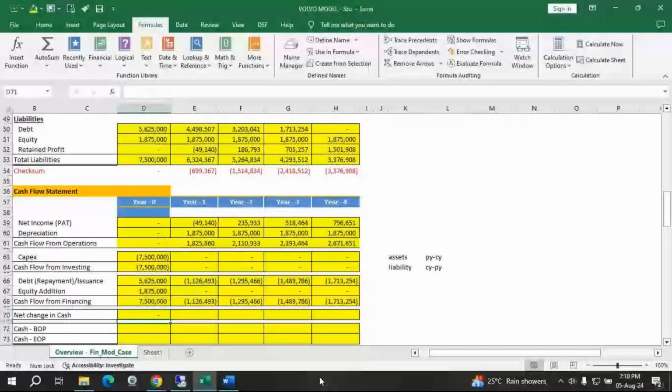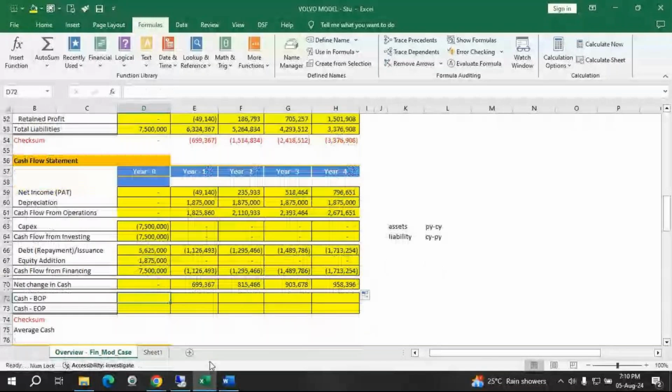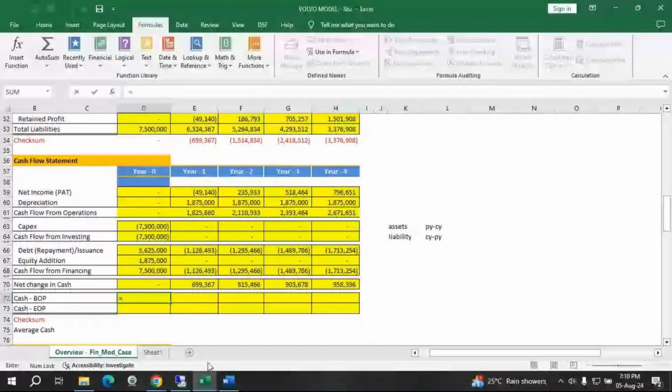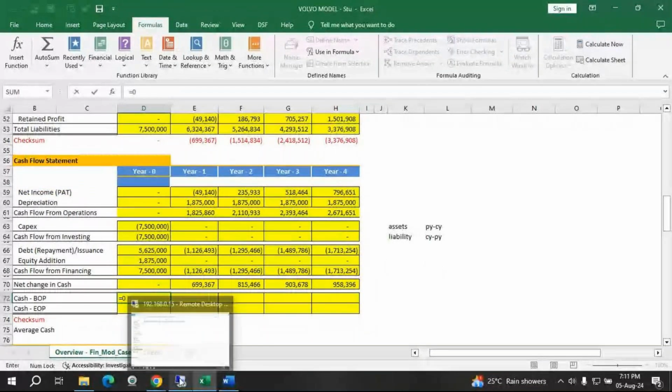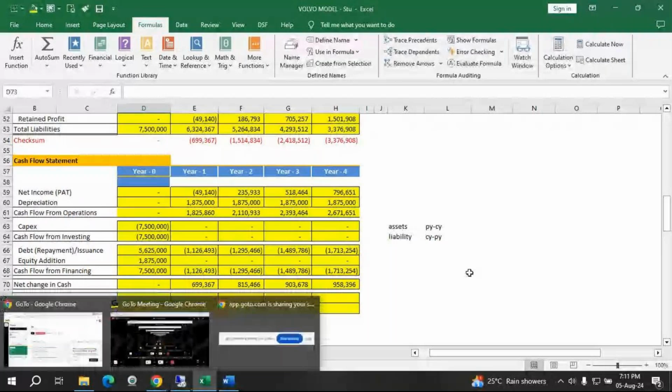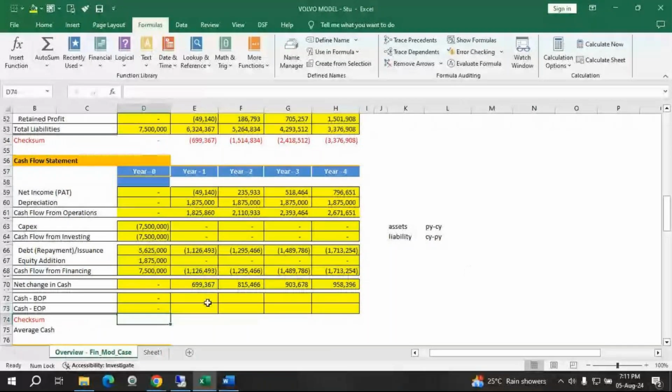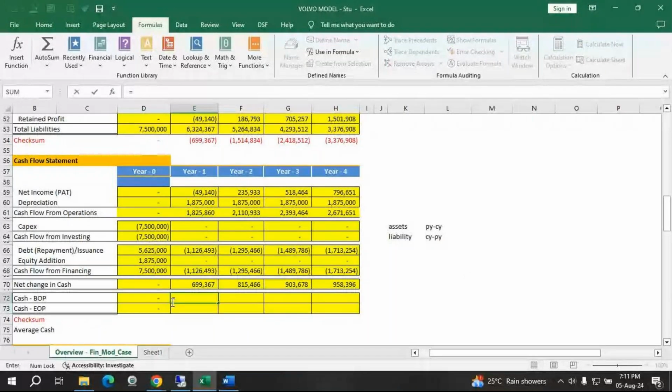I'll come here and drag this. Now cash beginning of period will be 0, and the ending period also is 0. Here, whatever amount is in the ending period will be my cash at the beginning of the next period.